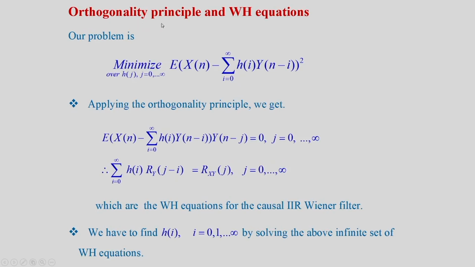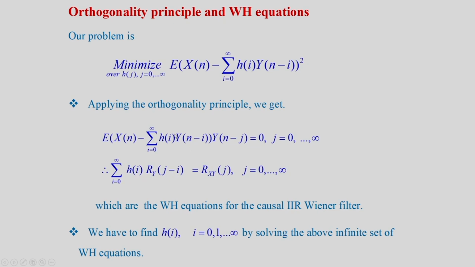Now, we can apply the orthogonality principle and get the Wiener-Hopf equations. Applying the orthogonality principle, the error is orthogonal to each data point. So, E of (x n minus summation h_i y n minus i, i going from 0 to infinity) into y n minus j must be equal to 0 for j equal to 0 to infinity. This is the orthogonality relationship which we have studied earlier.